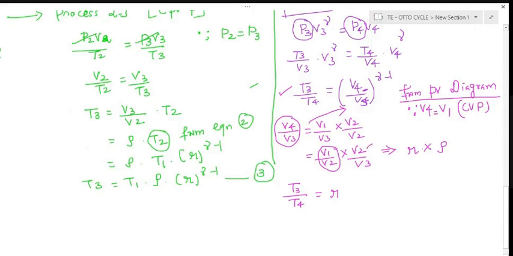Please note here that we have V2 by V3, so instead of a product, you can substitute 1 divided by rho.